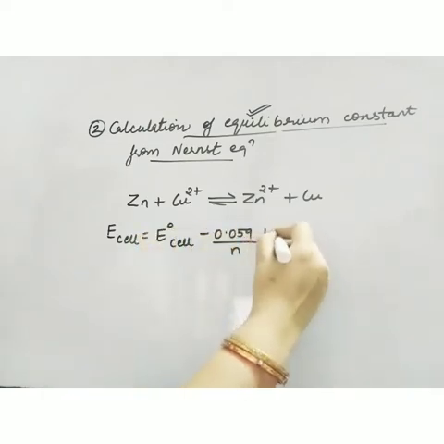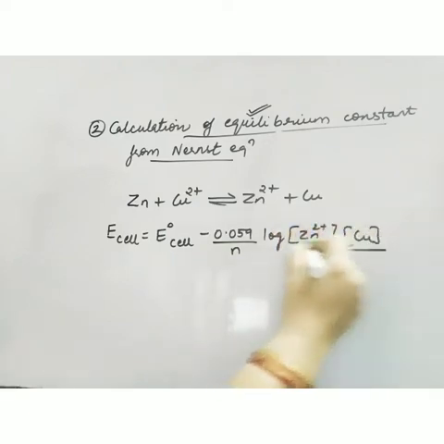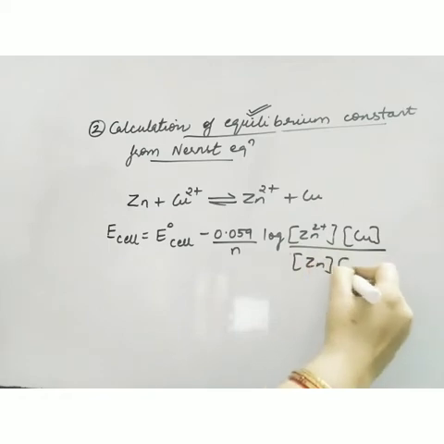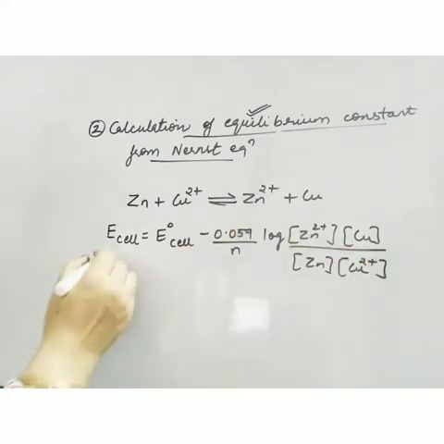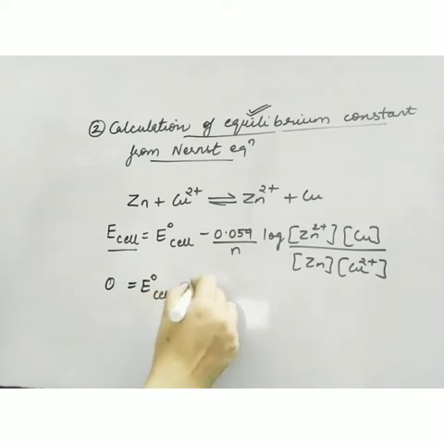E cell equals E naught cell minus 0.059 upon n log concentration of Zn2 plus into concentration of copper upon concentration of Zn into concentration of Cu2 plus. Now E cell is 0. So I will write 0 here, is equal to E naught cell minus 0.059 upon n log.